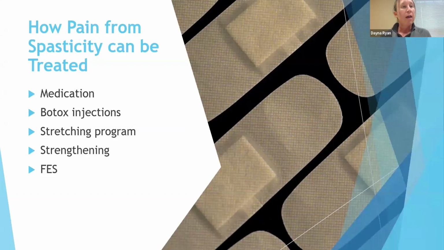Next slide, please. So how pain from spasticity can be treated in general. Just to review some of what Dr. Haapala said, there's medication, botulinum toxin injections, or things like ITB, baclofen pumps. Or we can teach them a stretching program in physical therapy, teach them how to get their weak muscles strong, because what I end up teaching a lot of my patients is that spasticity is not strength.